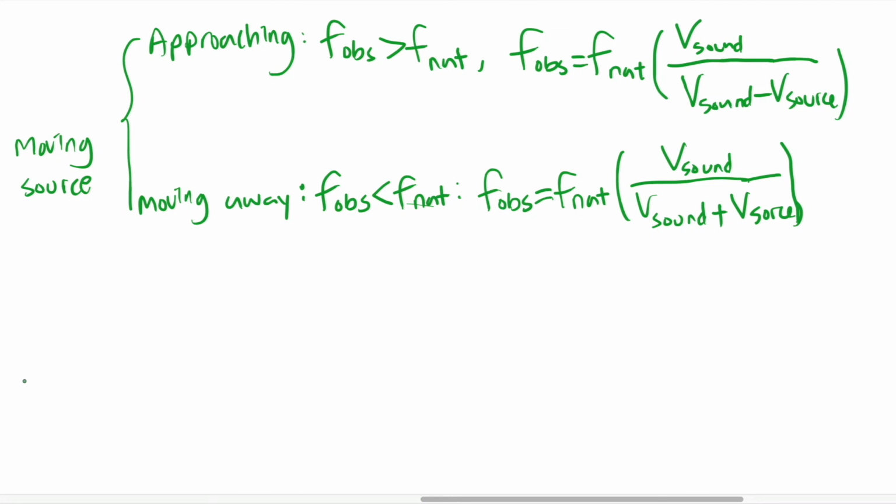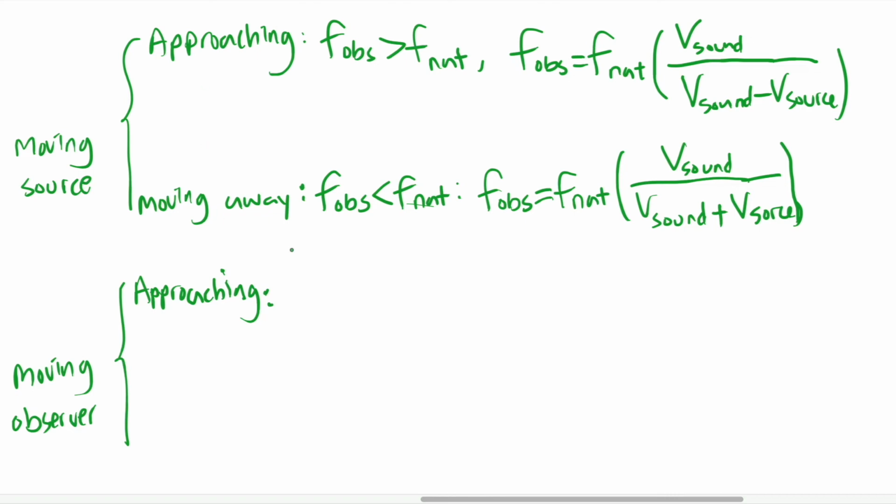And the second case is a moving observer. So same thing, approaching. So when the observer is approaching the source, the observed frequency is larger than the natural frequency.